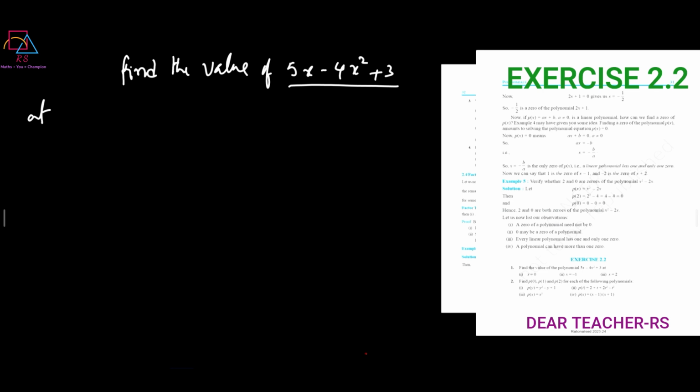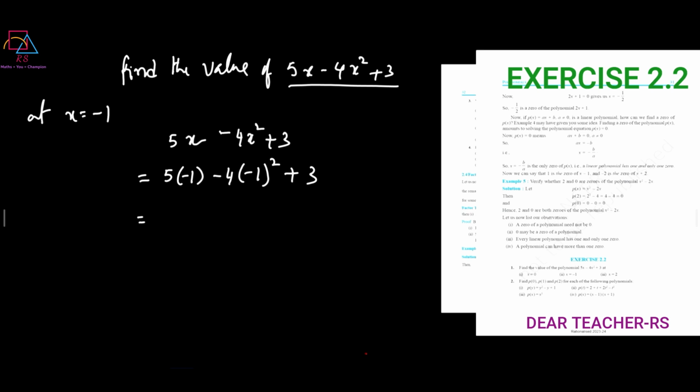Second question, at x is equal to minus 1. Same question, we have given 3 values. So what happened? In this case, I'm not writing the standard form. I write directly the same expression, minus 4x square. So then what happened? 5 into minus 1, minus 4 into minus 1 whole square plus 3. Previously, I have written standard form. In this case, I did not write standard form.